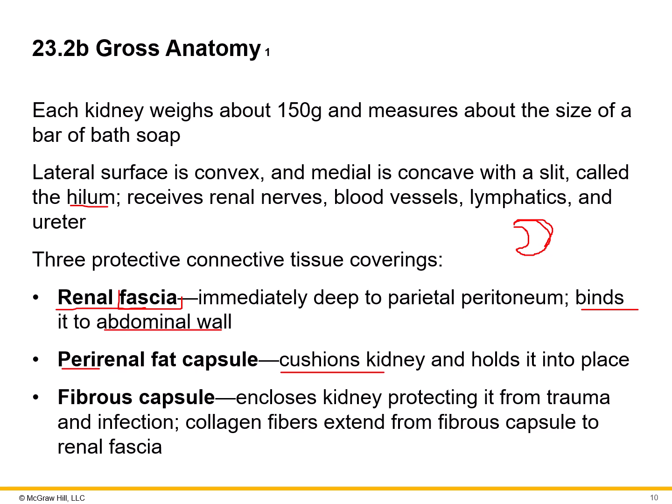Now, lastly, we have the fibrous capsule. This is going to surround your kidney in its entirety and protect it from trauma, infection. We mostly see collagen in this layer, so a lot of structural support that connects the fibrous capsule to the renal fascia, essentially, again, anchoring and protecting our kidney.